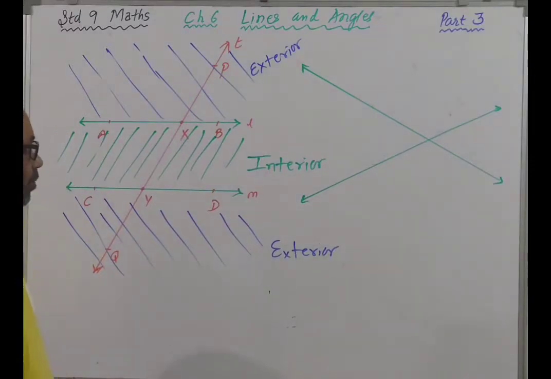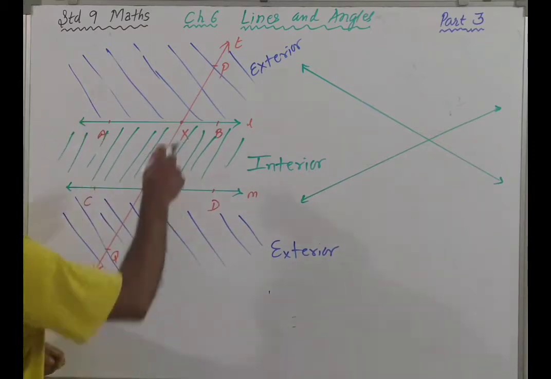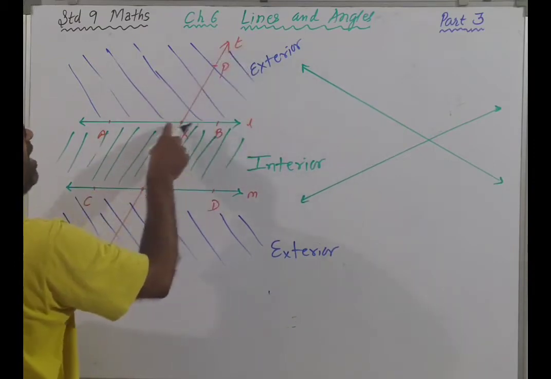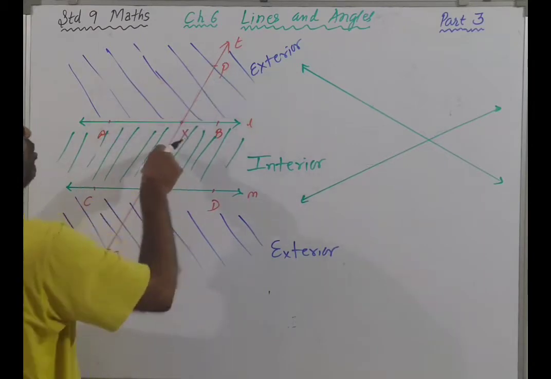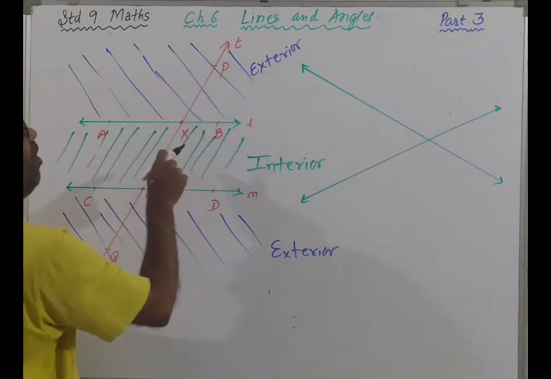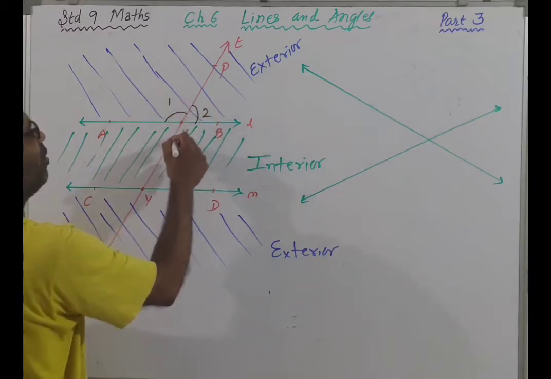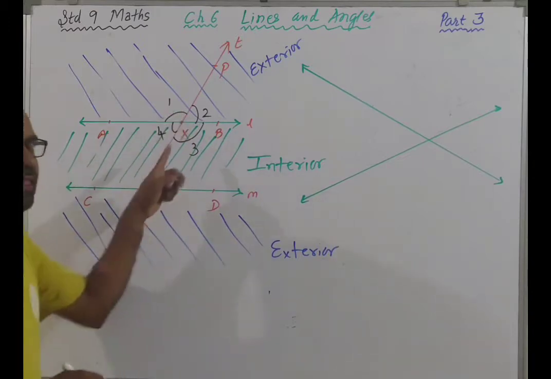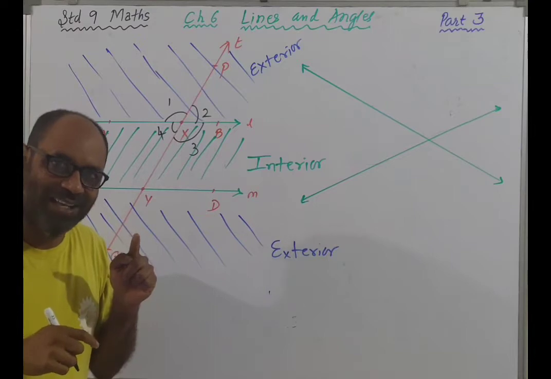Now see children. Here, red line T and green line N intersect. So we have two distinct lines intersecting in one point. How many angles are formed? Angle number 1, angle number 2, angle number 3, angle number 4. 4 angles are formed at this junction. The point of intersection is the junction for the two lines.